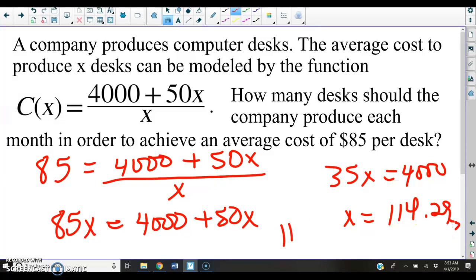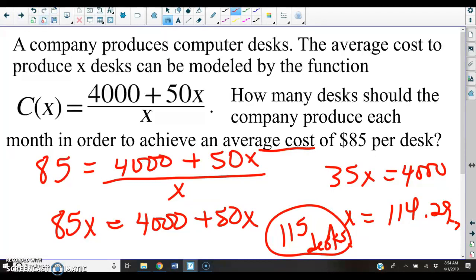So I said I need 115 desks. And then when I put that into my calculator, the average cost was less than $85. So you got to think business-like. You want to say at least 115 desks to make that more cost efficient for the company.